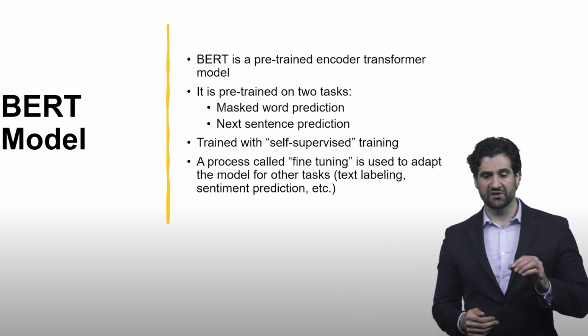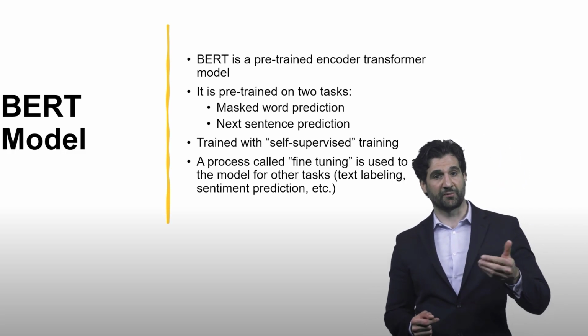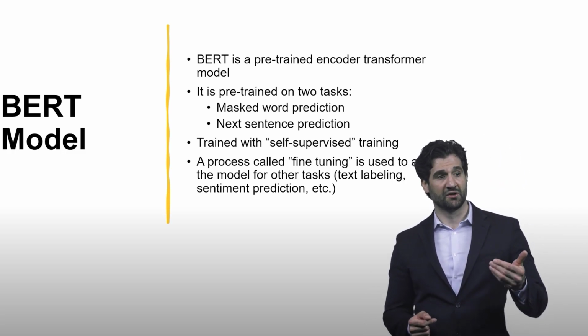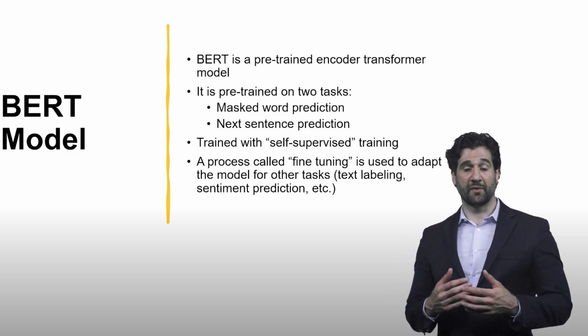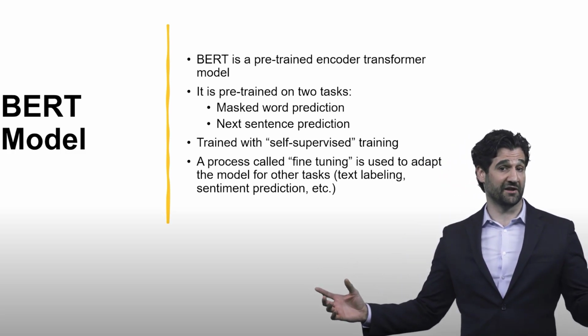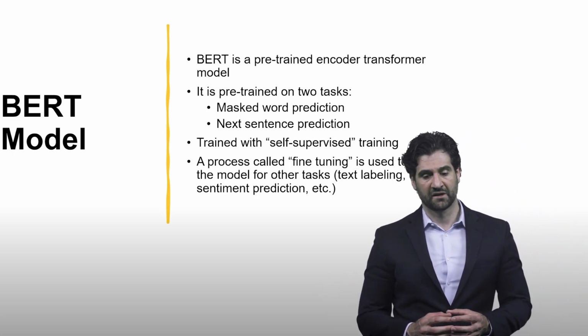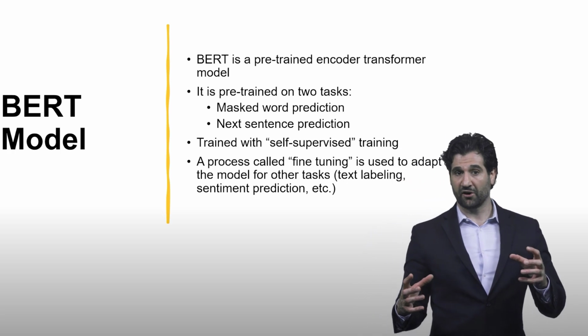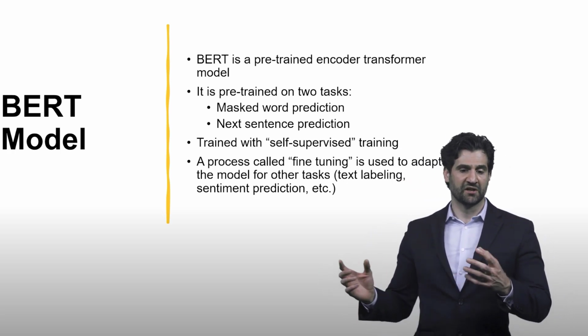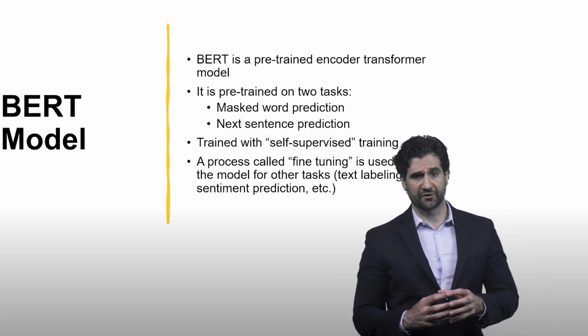Now, this type of pre-training on these two tasks uses something called self-supervised learning, which allows the model to be trained on a lot of data, but not relying on a lot of labeling. And we'll touch on self-supervised training in a bit. Now, what happens is you have all this stuff that's pre-trained, and this is somewhere in the neighborhood of 100 million parameters or so.